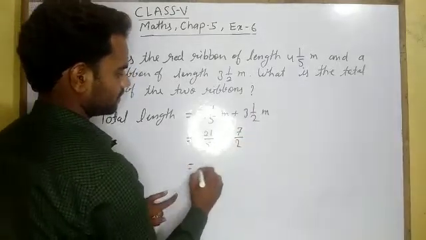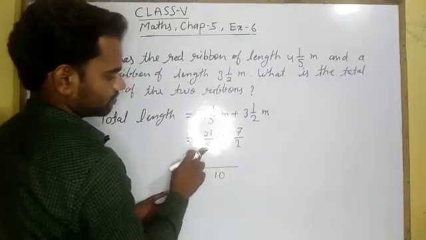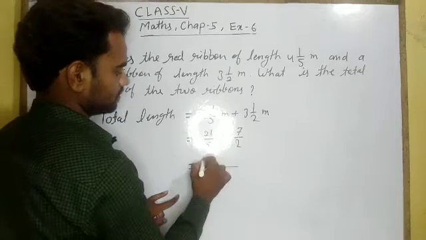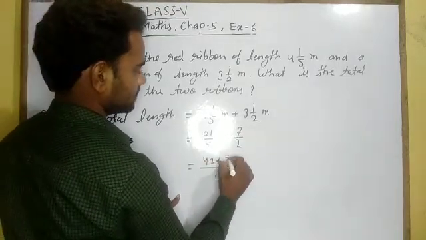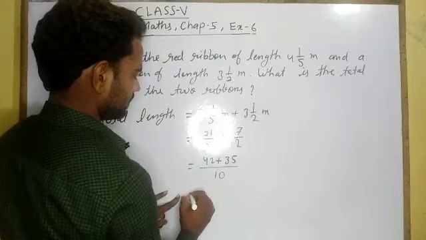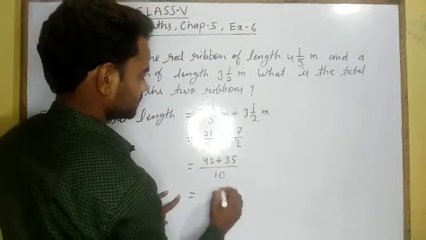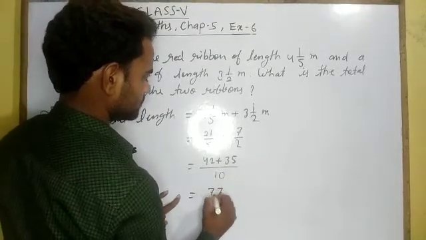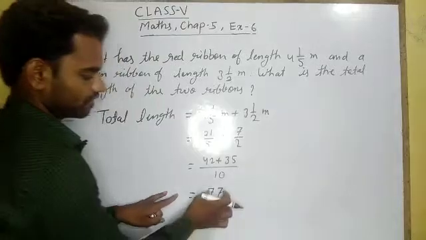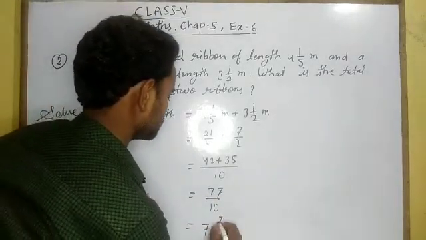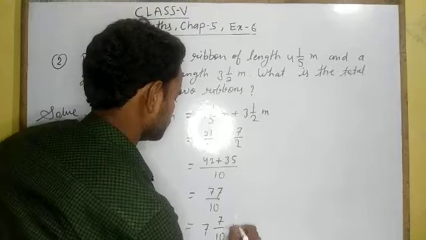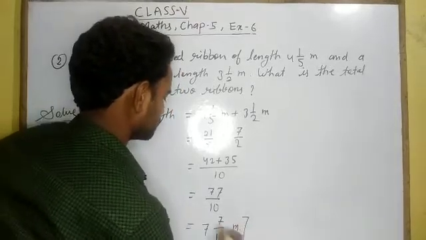LCM of 2 and 5 will be 10. 5 twos are 10 and 2 twenty-ones are 42, plus 2 fives are 10 and 7 fives are 35. Add them. 5 and 2 is 7, 4 and 3 is 7, 77/10. Now divide 77 by 10. This will be 7 whole 7/10 meter. This is the total length of these two ribbons.